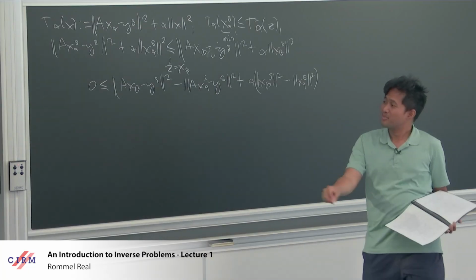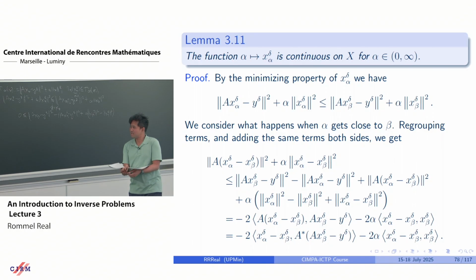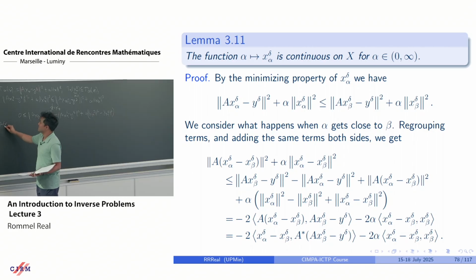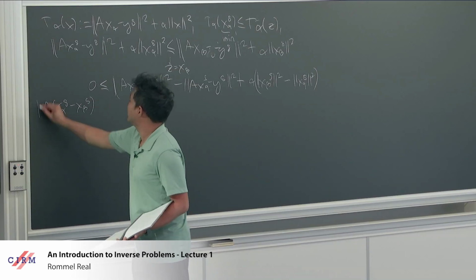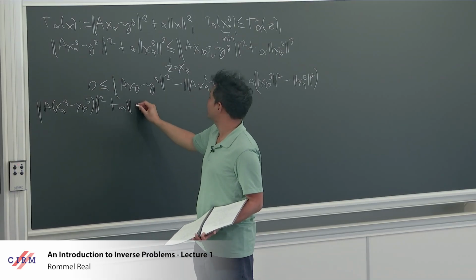And then what you do is in this expression on the left-hand side, here we add that on both sides. So that's this one here. Here you add them on both sides of this equation, so you will get the first equation there. So that A times x sub alpha delta minus x beta delta. And this expression will be useful later on.